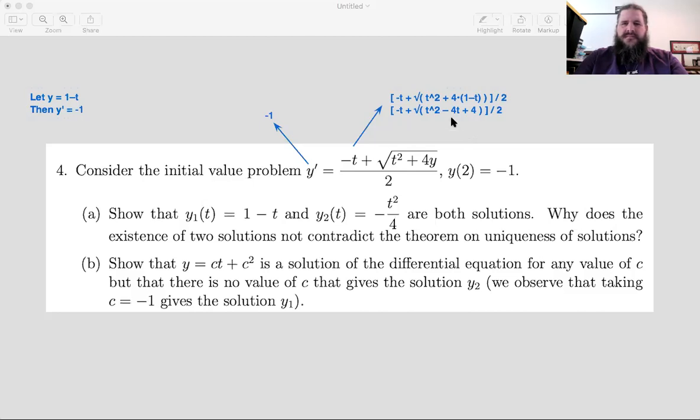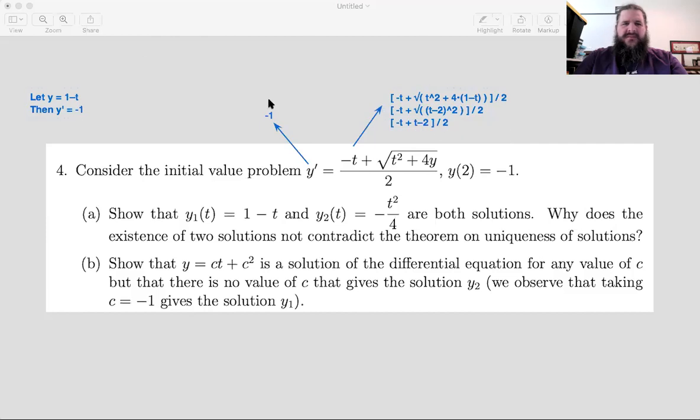Would it be t minus 2 squared? Yeah, which is very convenient because if it's t minus 2 squared, then we take the square root and the squared just cancels it out. So we end up with negative t plus t minus 2 divided by 2.